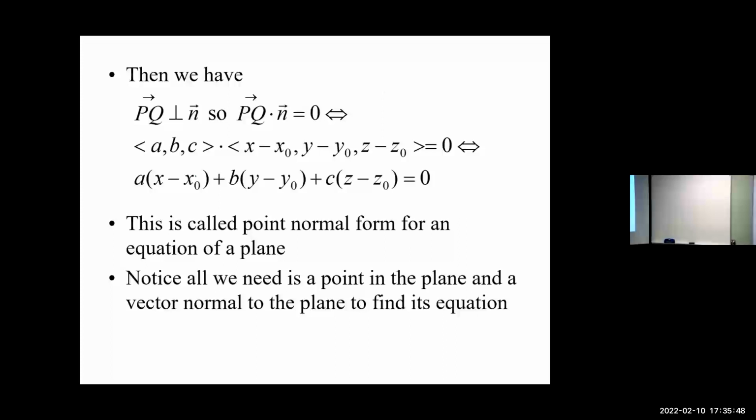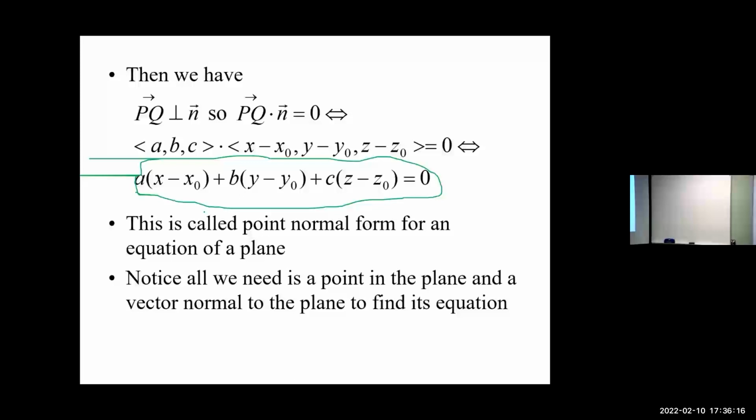We know it's equal to 0, and that gives us this guy right here, which is called the point normal form of a plane. Why is this awesome? Because all we need, let me say that again, all we need to find the formula for a plane is the normal vector and a point in the plane.